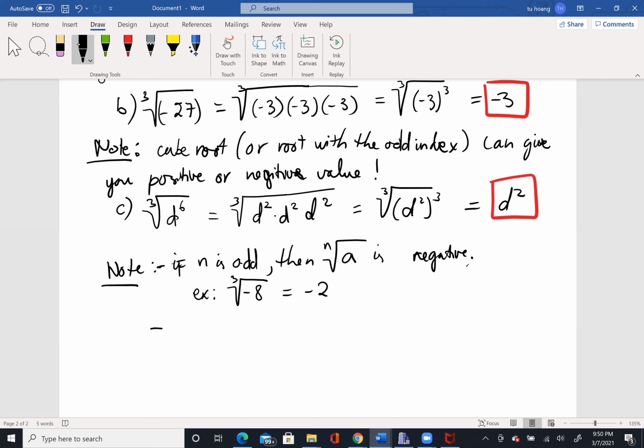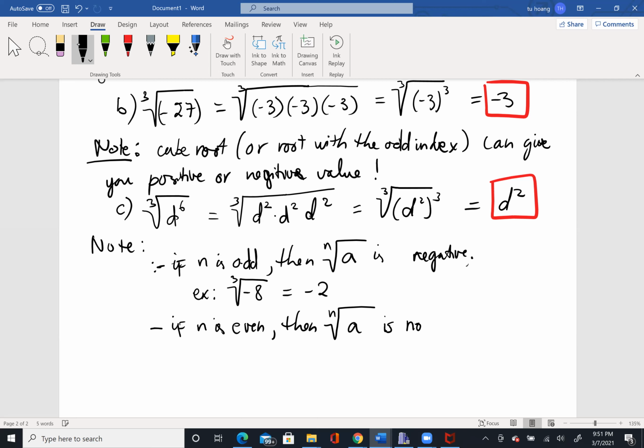On the other side, if n is even, then the root n of a is the root n of a. I should also state it like this.